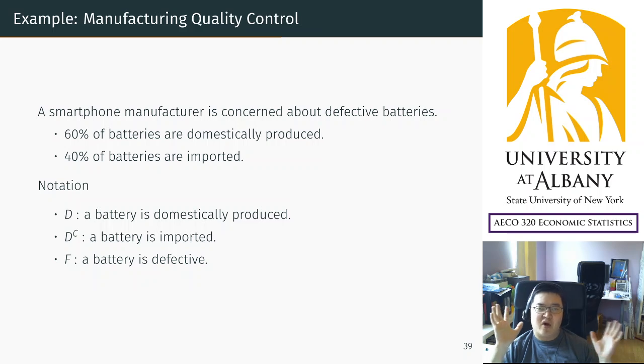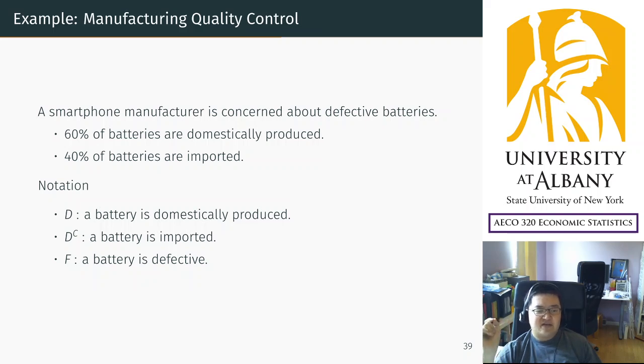Suppose that what you know is that first, 60% of batteries are domestically supplied, and the other 40% of batteries are imported. And we are going to define notations in this way. Unfortunately, defective and domestic both start with D, so I am going to use D for domestic ones. So D stands for a battery that is domestically produced, and the complement means the negation, so imported.